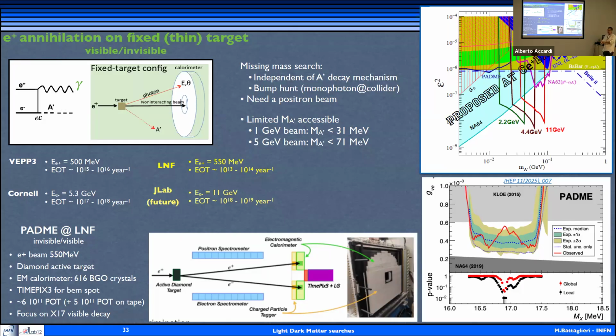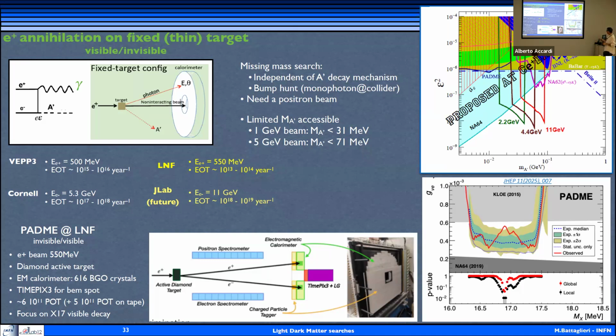So this technique is applicable, but requires a very high energy beam if you want to extend the possible masses of this particle that you are producing, the A prime, and high intensity and high energy usually are difficult to have together.